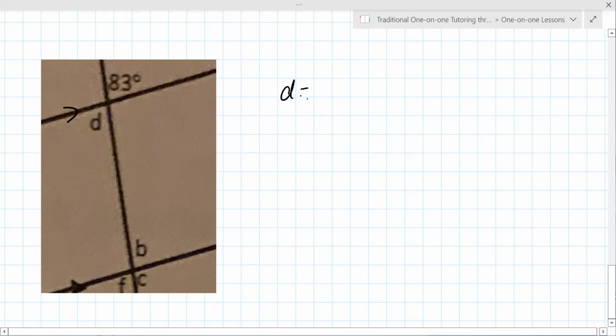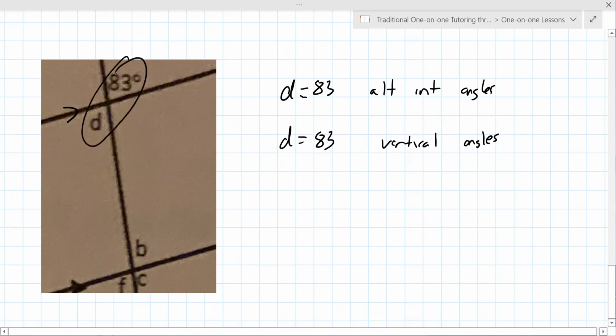Yes, you can say D equals 83 alternate interior angles, or you can say D equals 83 vertical angles. Vertical could even be easier than that. But there's multiple answers, right? It's not corresponding. It is corresponding if you find F, but you don't know F yet.